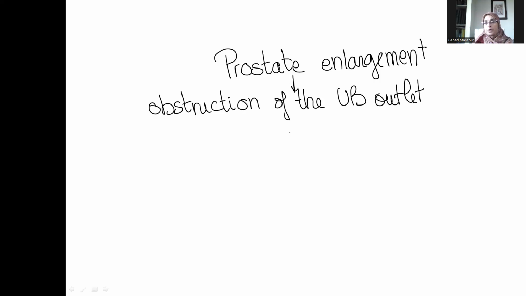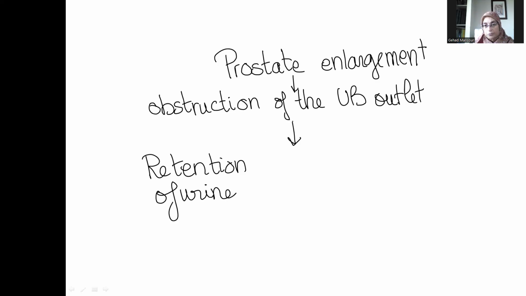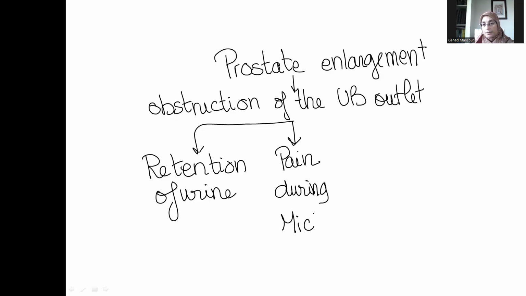And if there is obstruction of the outlet, then there will be retention of urine. This is one result. And there will be pain during micturition because the outlet is very narrow. There will be incomplete evacuation of urine.